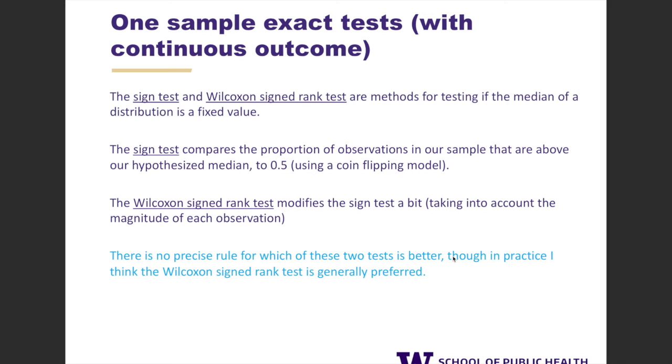Say in our sample, only 20% of people have a height over 5 feet 10 inches, right? Then we would say, oh, in our sample of 100 people, only 20% have a height bigger than this. That is statistically significantly different from the 50% we would have expected if this was the population median. So we could then potentially reject that null hypothesis that says the population median is 5 feet 10 inches.